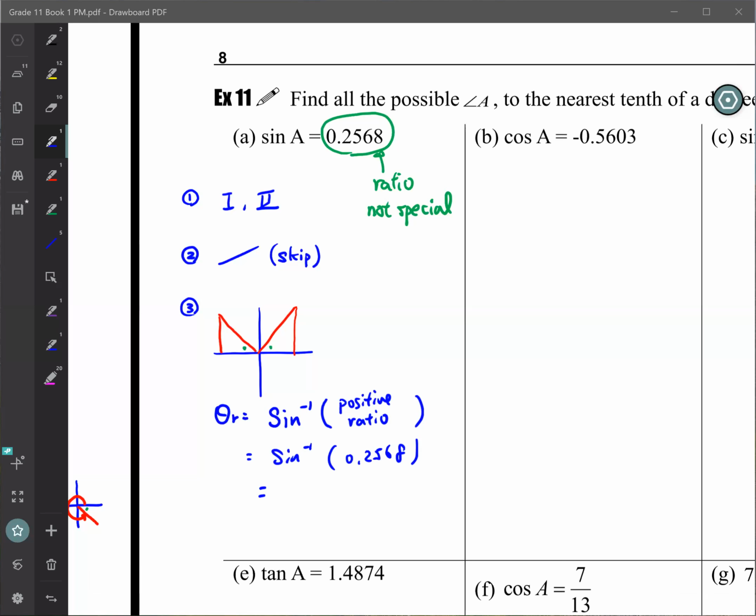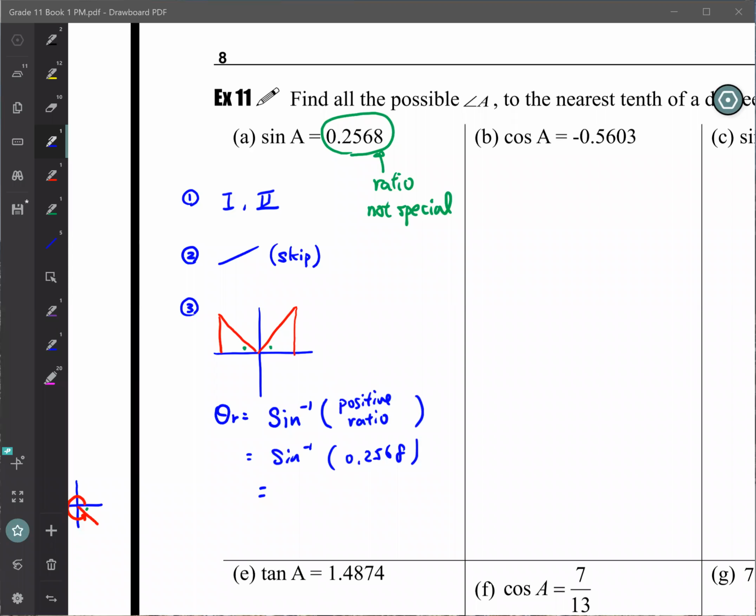Anyone who doesn't know how to get sine inverse, let me know. Only 3 people got it. Colin, what number do you get?